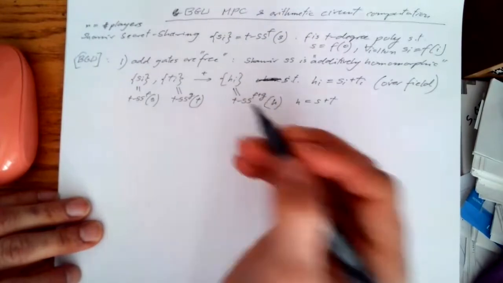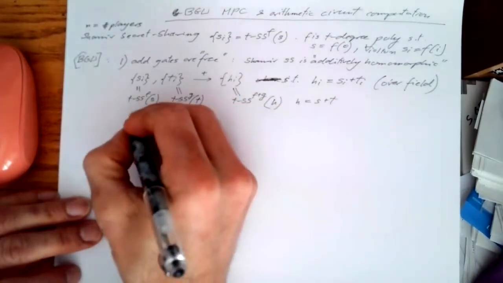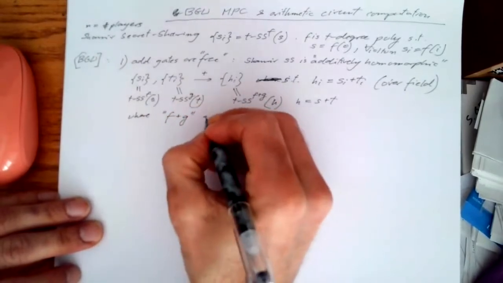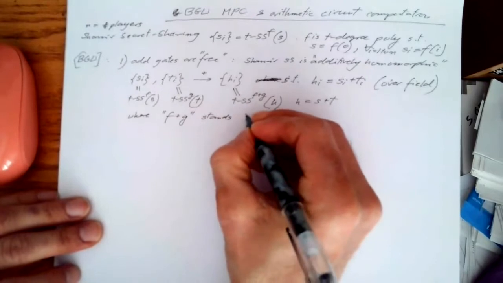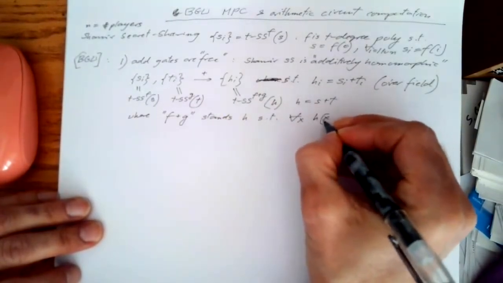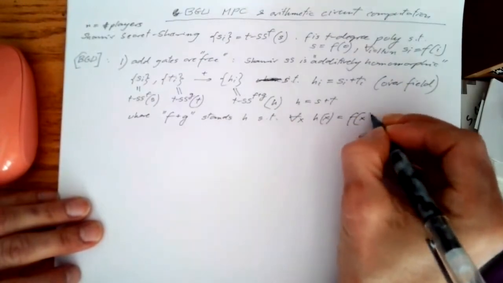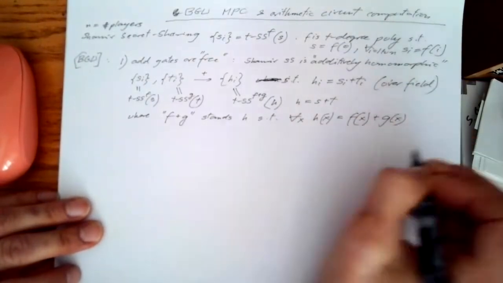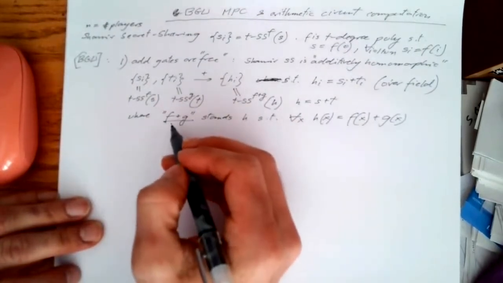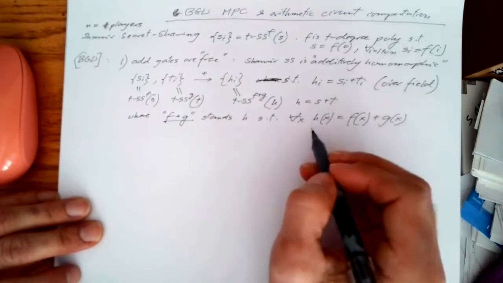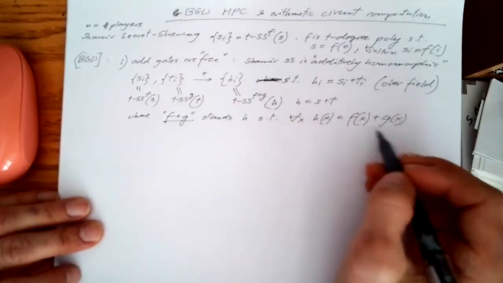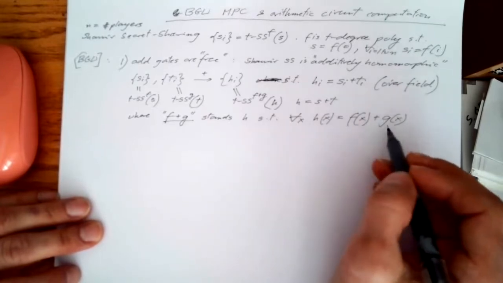And notation like addition of functions, right, stands for a unique function h, such that for every x, h(x) is f(x) plus g(x), right? So we denote additions of functions or operations on the functions as a shortcut for just saying that the value of this function is the sum of the values everywhere of these two, right?